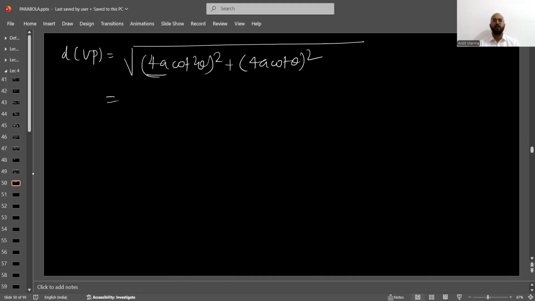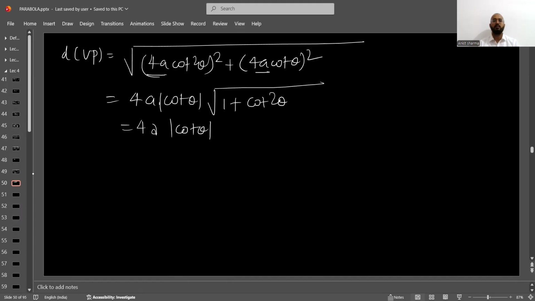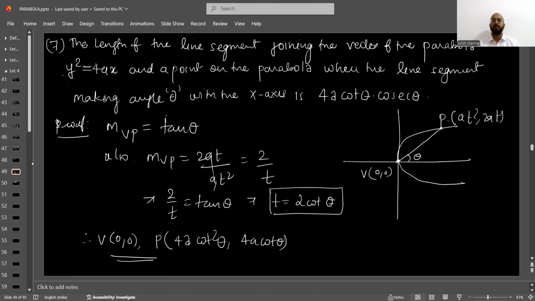So we can keep 4a cot theta outside with modulus, and inside I'm left with 1 plus cot square theta. So this is 4a cot theta into cosecant square theta. So this is the length of the line segment VP, or say OP, whatever you would like to call.